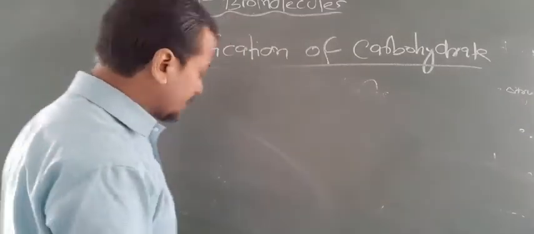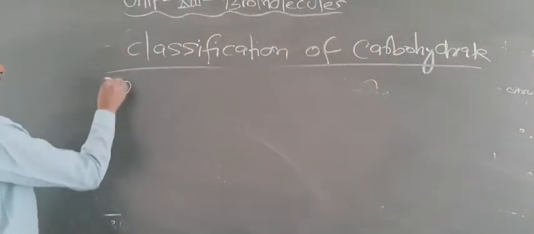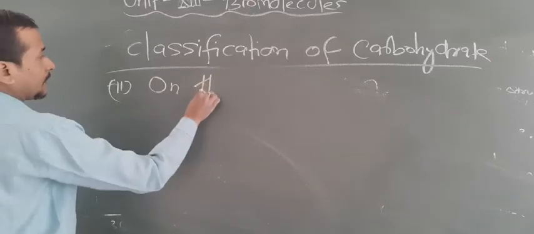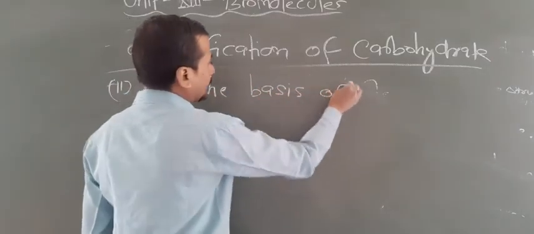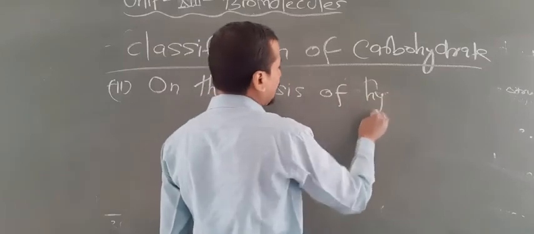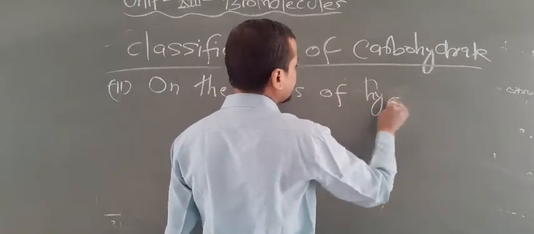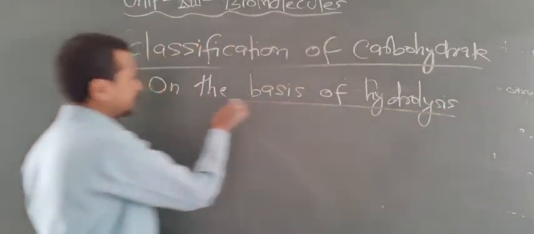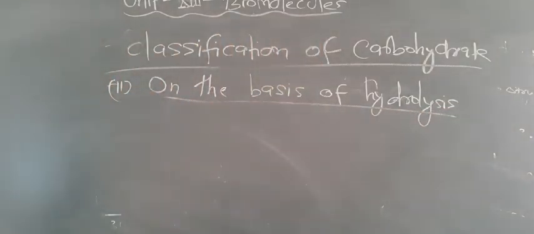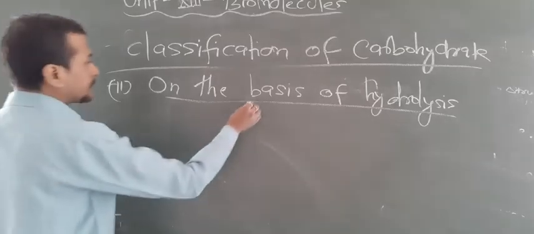So the second classification of carbohydrates is on the basis of hydrolysis. On the basis of hydrolysis product, it is of three types.